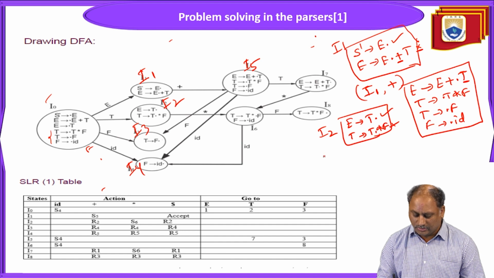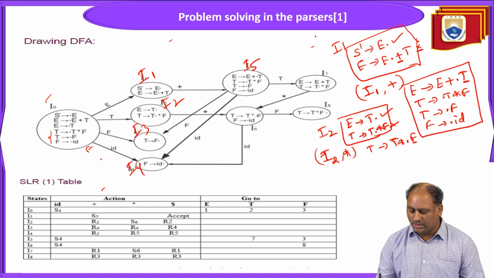So what becomes of I2 comma star? I2 comma star will give T derives T star dot F. Now this one is reached, but we have not reached the end, and here we have to include the productions related to F also. Why?